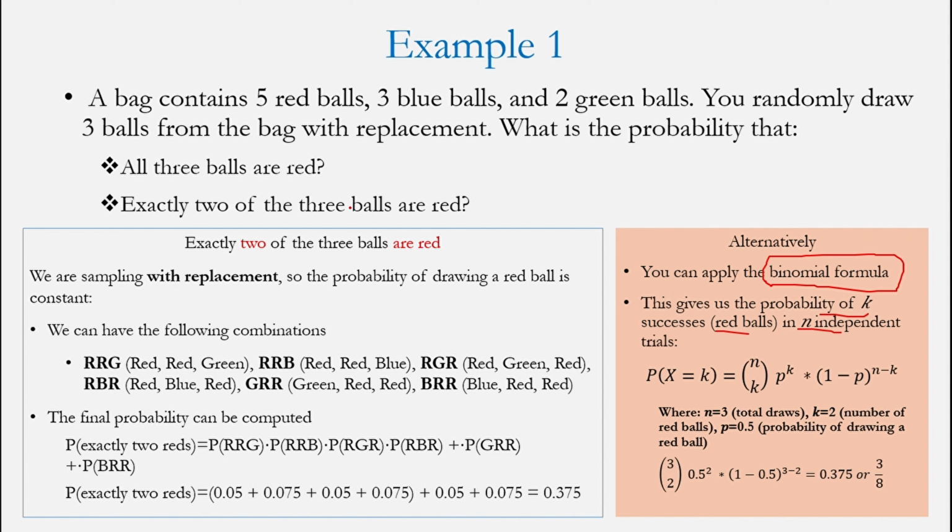We are doing 3 selections and we want 2 red. This is how you visually represent it. When you expand this equation, you have 3 choose 2, multiplied by 0.5 to the power k, where p is the probability of a successful draw, and then 1 minus p, sometimes represented by q, raised to n minus k. When you compute this, it gives you the same answer, and we are going to discuss it in detail in a further part of this series.